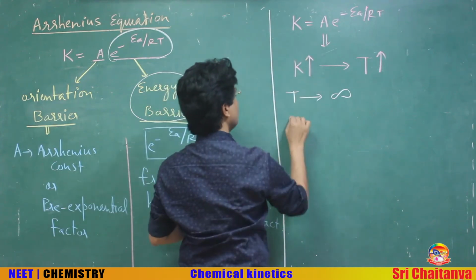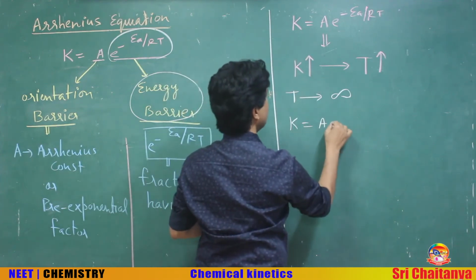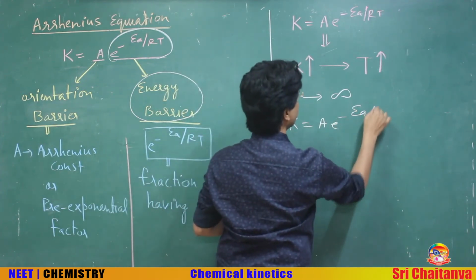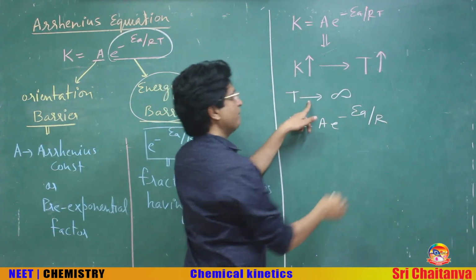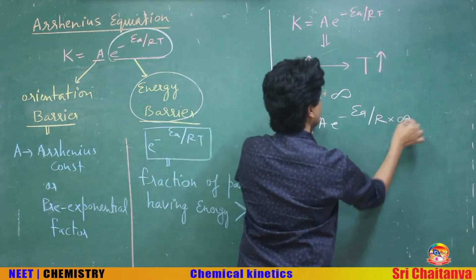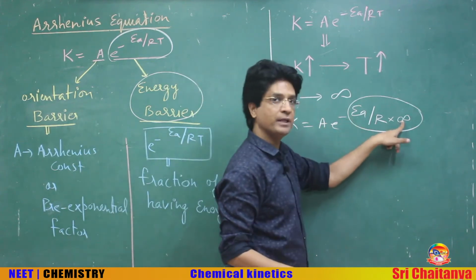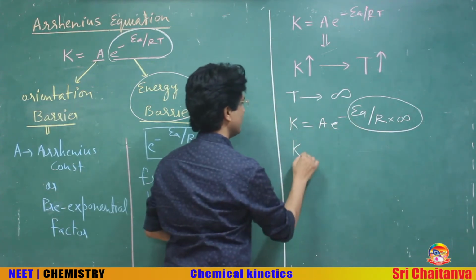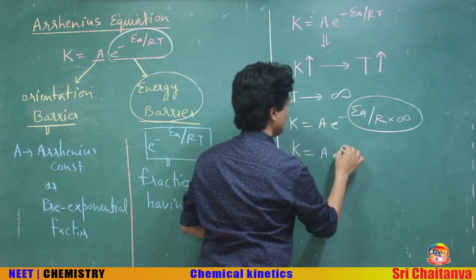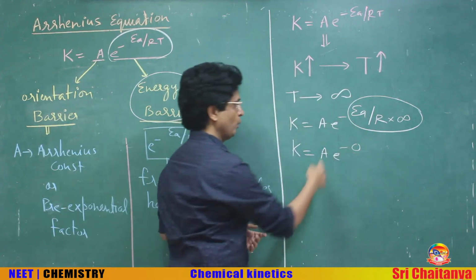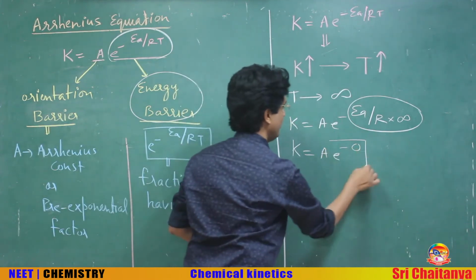From this equation, K equals A e to the power of minus Ea by RT. If you put temperature as infinity, Ea divided by infinity will be 0. So K will be A times e to the power of minus 0, which is nothing but 1.